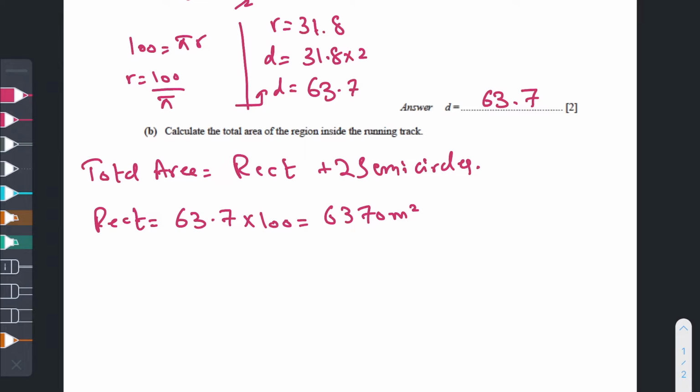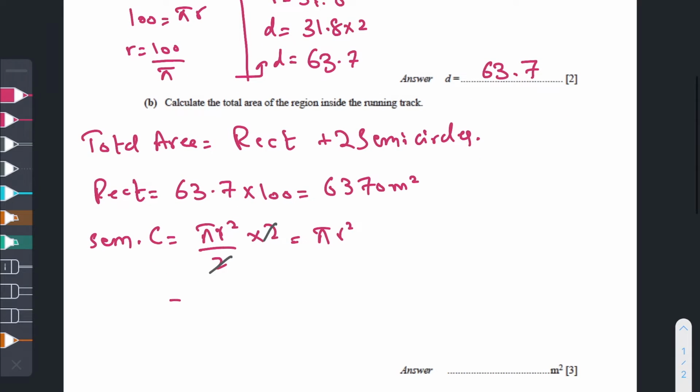meters squared. And then the semicircles can be found by multiplying pi r squared over 2 by 2. Or you can simply cross these twos out and just find the area of one circle which has the same radius.